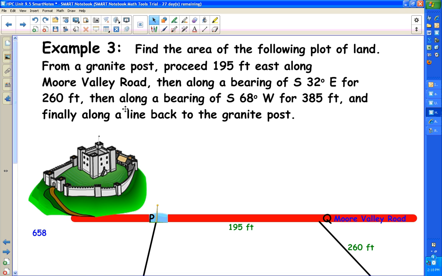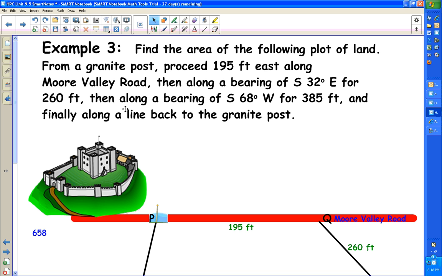From a granite post, proceed 195 feet east along Moore Valley Road, then along a bearing of south 32 degrees east for 260 feet, then along a bearing of south 68 degrees west for 385 feet, and finally along a line straight back to the granite post.